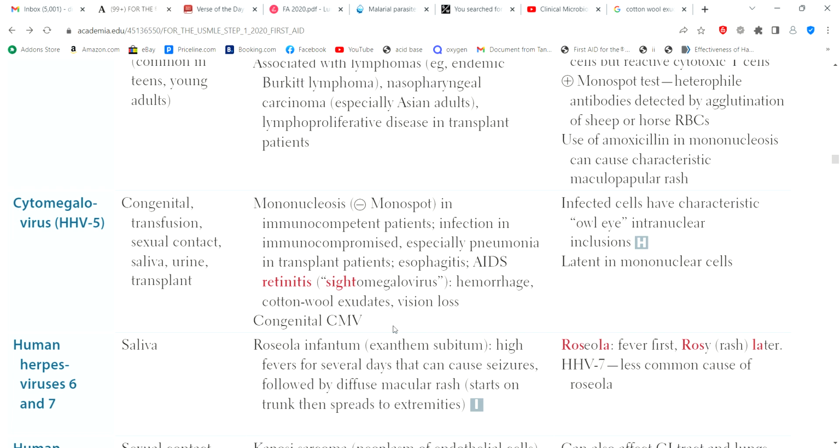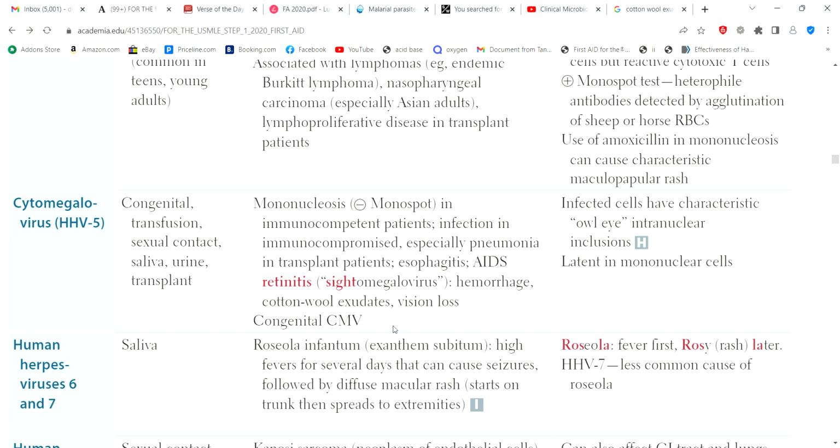So these are monoblasts and monocytes. So CMV hides in monoblasts and monocytes.